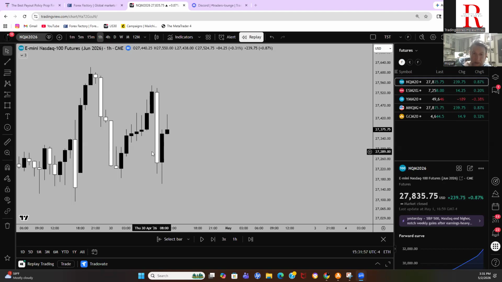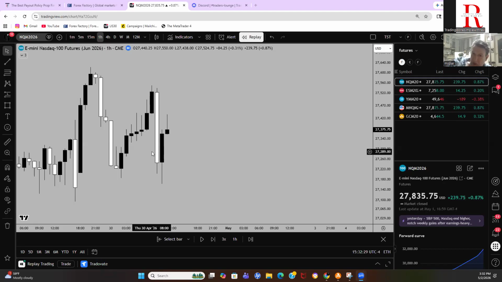Because in some cases, NQ and ES would be convergent, so it would be doing the same thing, and YM is divergent. And sometimes there'll be NQ on its own island, and YM and ES is divergent as well. So it does not matter. You just need one of them giving you that SMT divergence.